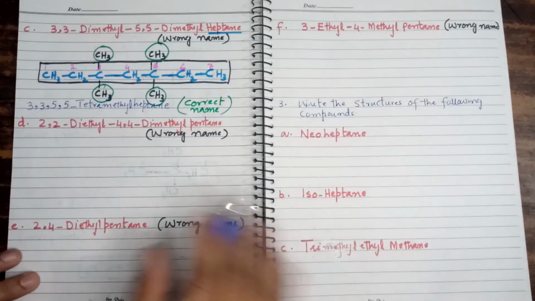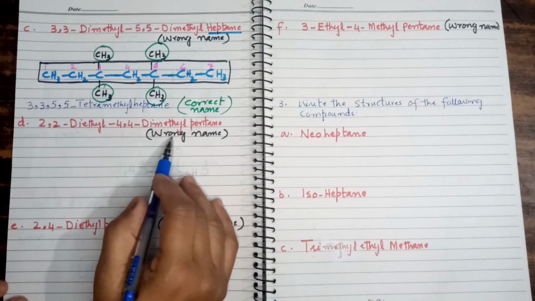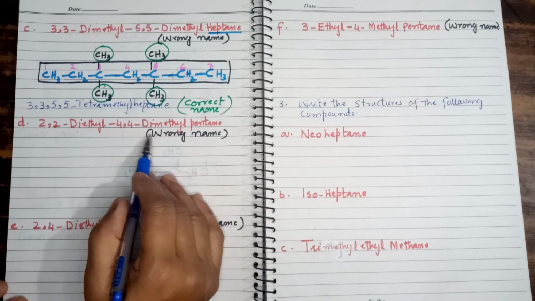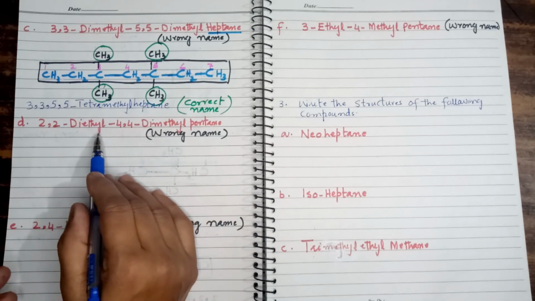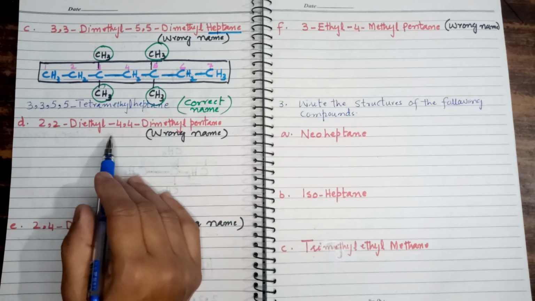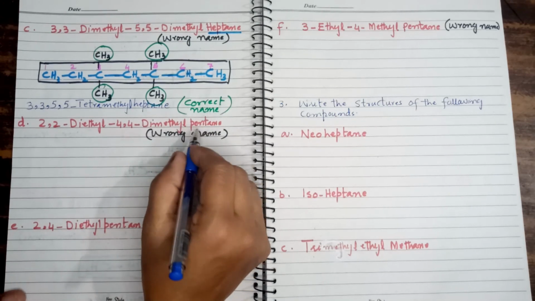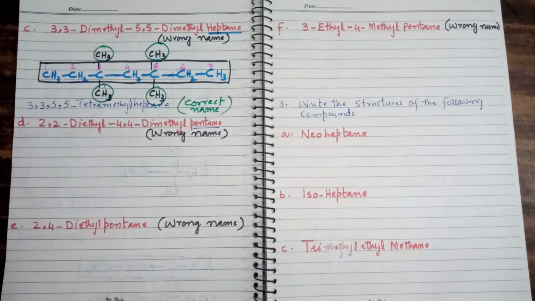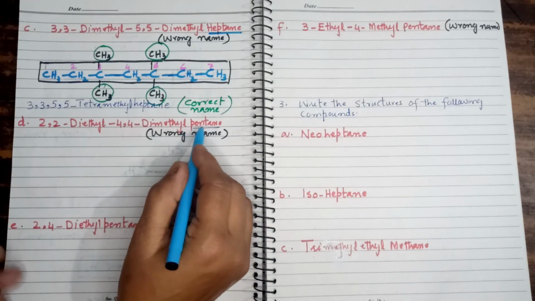All right. Now another name is given, which is a wrong name, right? And we are asked to assign the correct IUPAC name. We are asked to correct this name. Obviously, we correct by drawing the correct structure. So let's see what is the name of the parent chain. Pentane, right? So we made a carbon skeleton made up of how many carbon atoms, students?